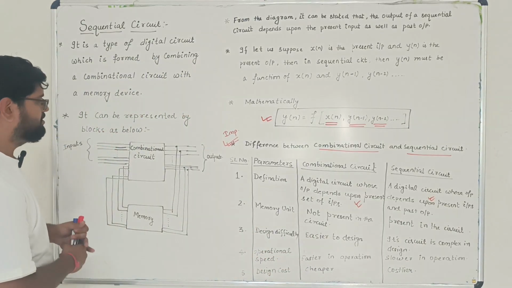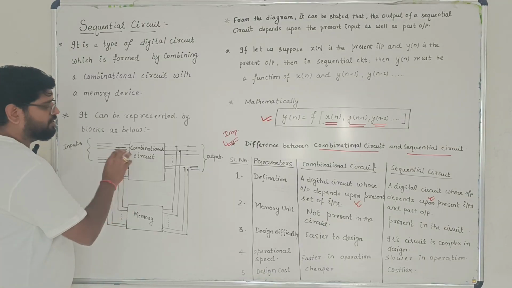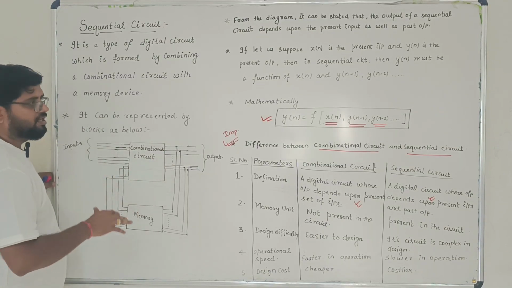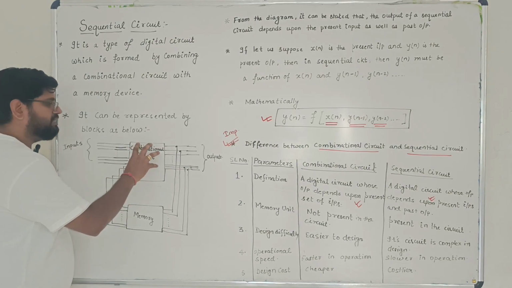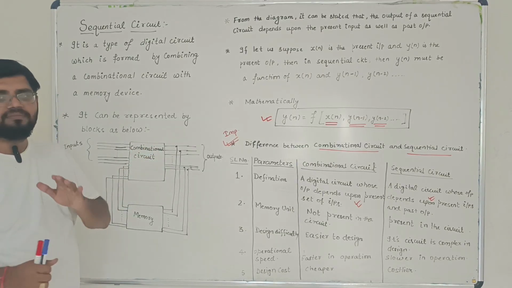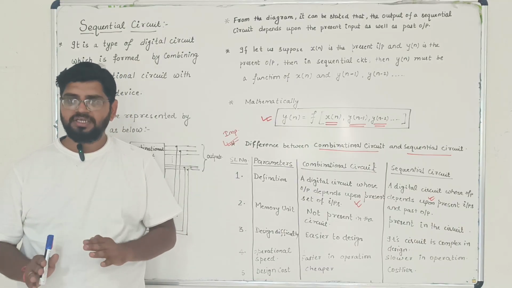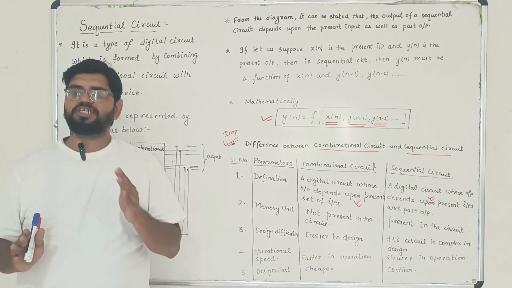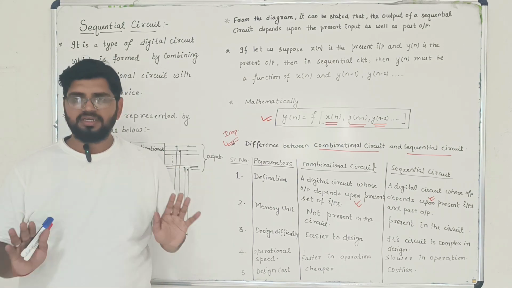Now, after that, we'll go for the operational speed. The speed of operation of a combinational circuit will be very fast. You can ask me why it is faster. The only reason is that we make the combinational circuit with the help of gates, so it contains only the propagation delay; the output depends only on the propagation delay of the gates.